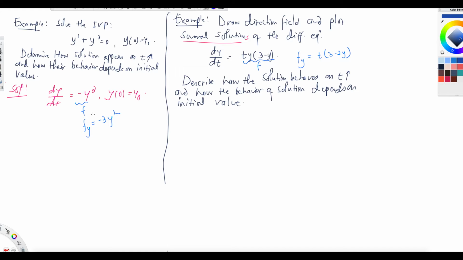You see that? The right hand side function f and its derivative with respect to y are continuous everywhere. So we don't need to worry about whether a solution exists and if it is unique or not. Yes, a solution exists for this problem, and it is unique as well.